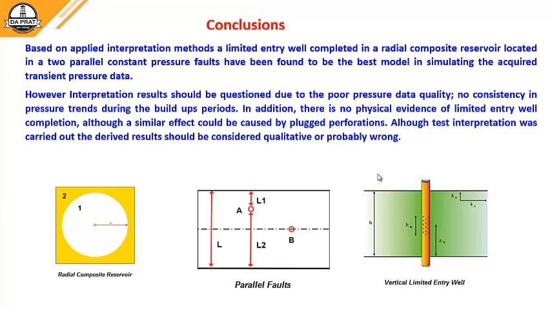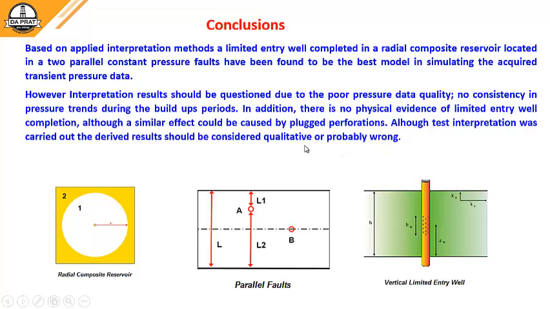So we don't know for sure. What we do know is that because of spherical flow, it was easy for us to match with a limited entry type of well completion. So we did carry out the test interpretation, but the derived results should be considered qualitative or probably wrong.